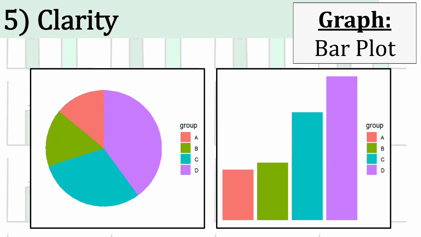Group D is definitely the highest, and you can see right away that A is slightly smaller than B. You didn't have to peer and get muddled by the difficulty of the pie chart. So clarity is really helpful. Choosing plots that clarify rather than confuse is a really important piece of good statistical method.